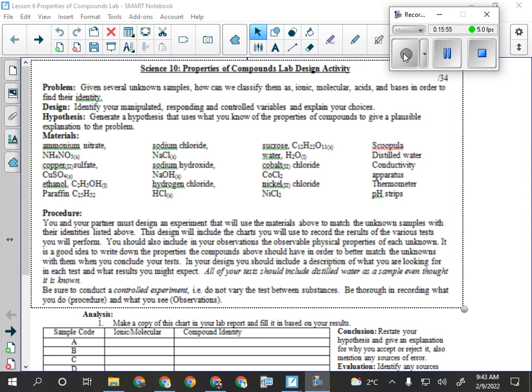Okay, now I'm not going to outright tell you the last controlled variable, but I'm going to repeat something I said earlier that can help you with it. What I said earlier was this: for every unknown compound, they will all be tested the same way.